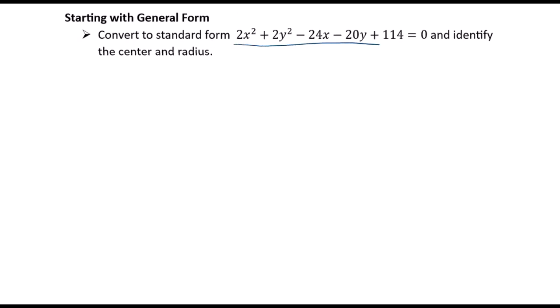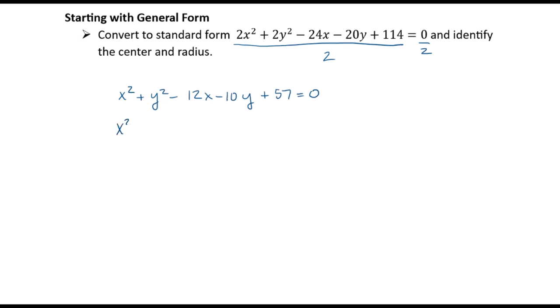If I divide the left side by 2, I'll have x squared plus y squared minus 12x minus 10y plus 57 equals 0.